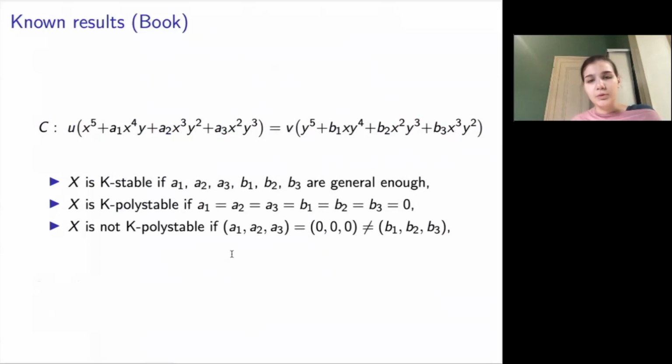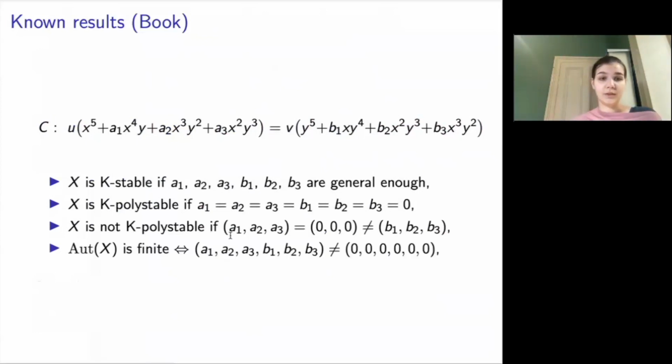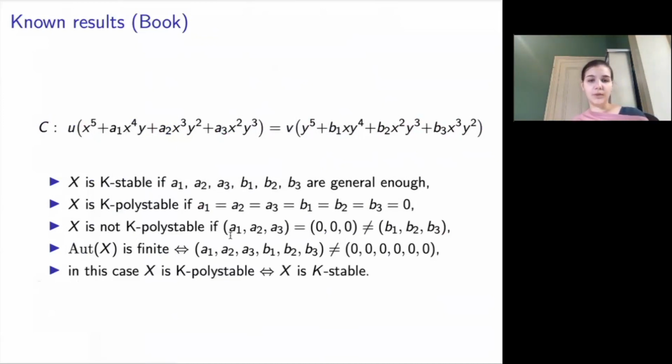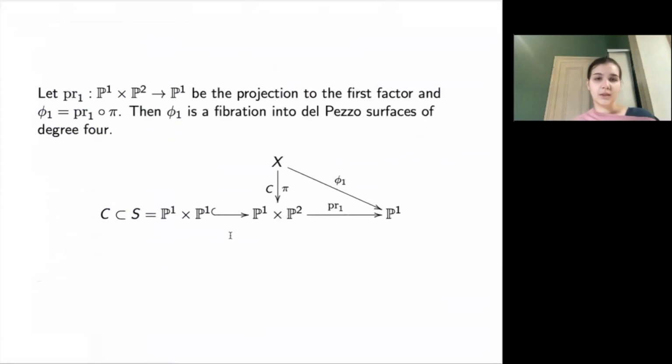And X is not K-polystable if the first three coefficients are 0 and the second three coefficients are not all zeros. And we also know that the automorphism group of X is finite if and only if not all of them are equal to 0. And in this case, X is K-polystable if and only if it's K-stable.